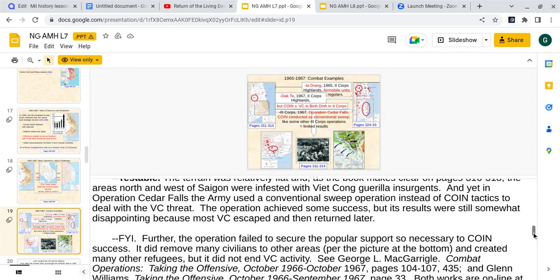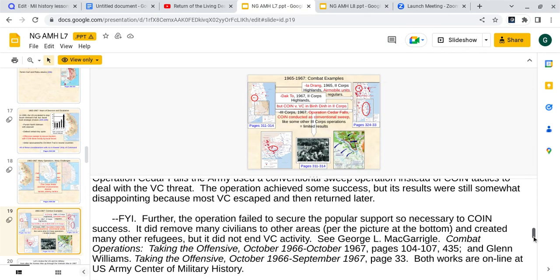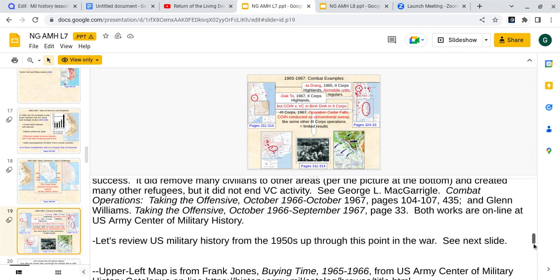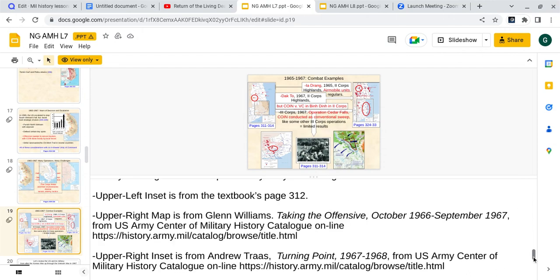However, it was disappointing. It wasn't completely successful because a lot of the Viet Cong were able to escape, and they were able to return later to fight again in the future. So Operation Cedar Falls failed to take out all the Viet Cong.